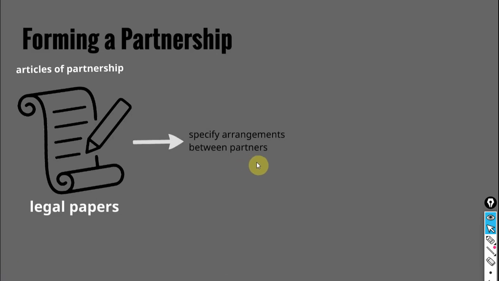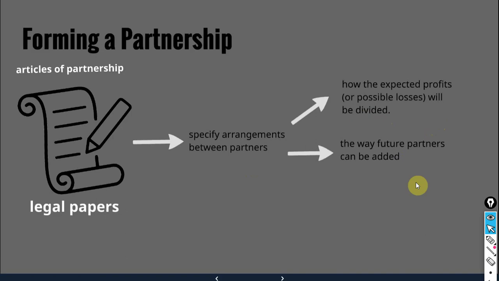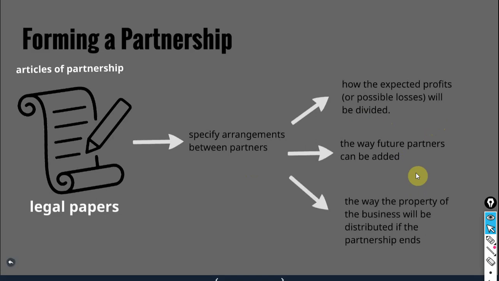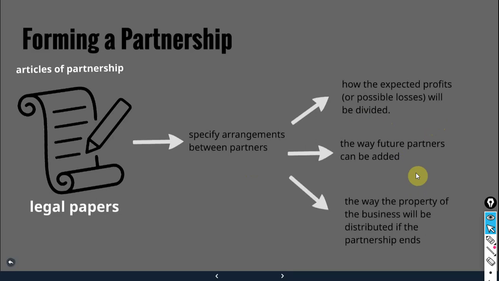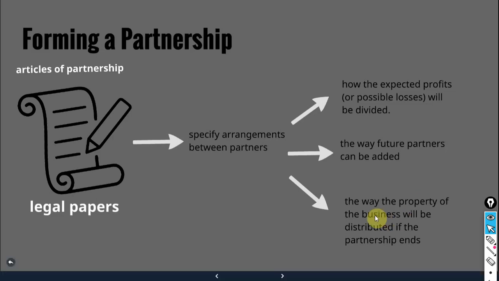These arrangements are how the expected profit or possibly even losses will be divided among those partners, the way future partners can be added, and the way the property of the business will be distributed if the partnership ends. It means if they close the business, how those properties will be divided among those partners.